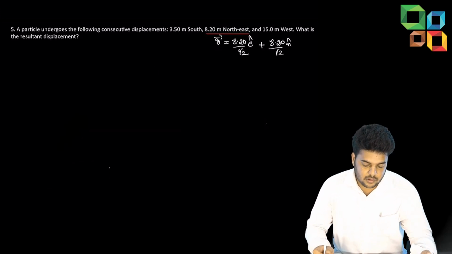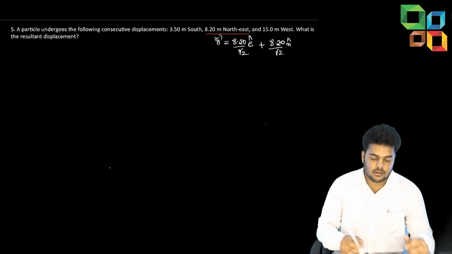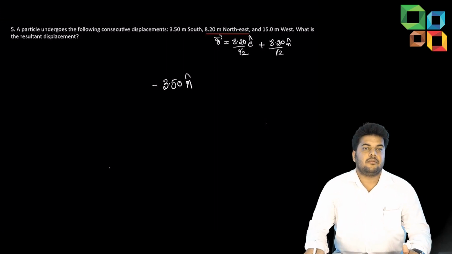So we have written the four vectors that were given to us. We have 3.5 meters to the south, but south I'll write as negative north, right? South is negative north.